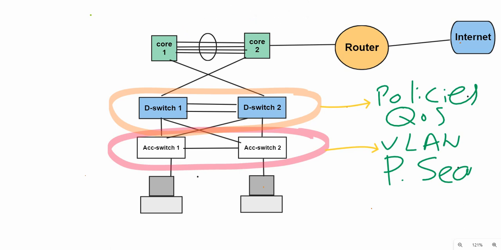But let's say, for example, the traffic is only going on this link right here. It's saturating the link. It just keeps going to this link right here. So that's why we're going to use a technology that is called EtherChannel. Okay, EtherChannel. This technology is about bundling physical links into logical links.